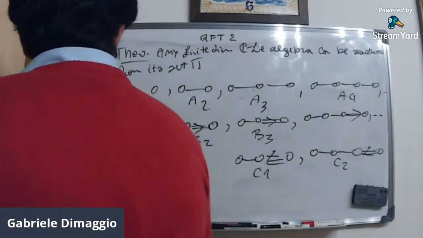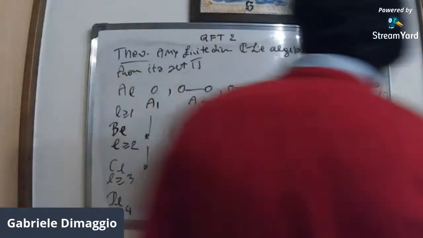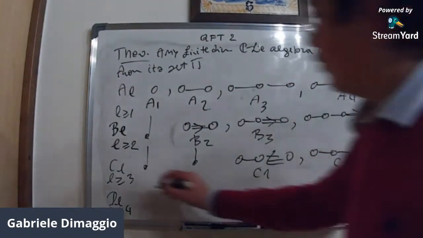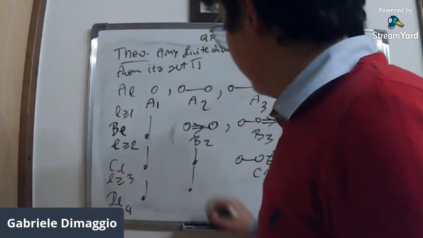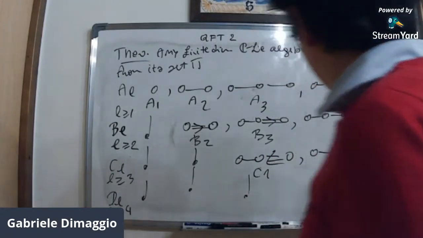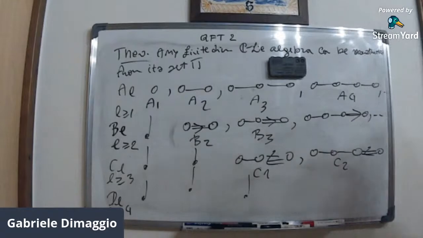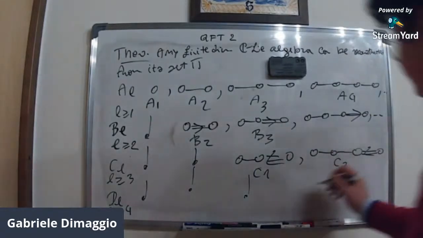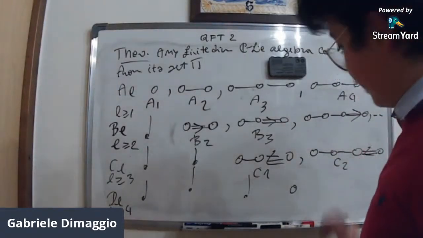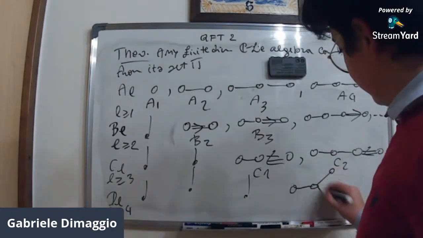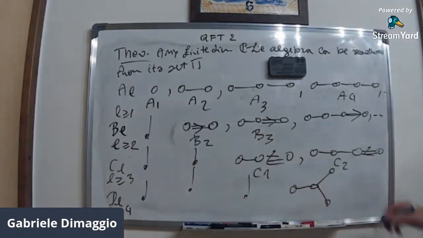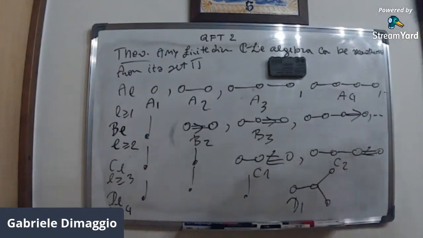Then I have D_L. There isn't any case for 1, 2, or 3. For 4, I have this thing, this is D4.